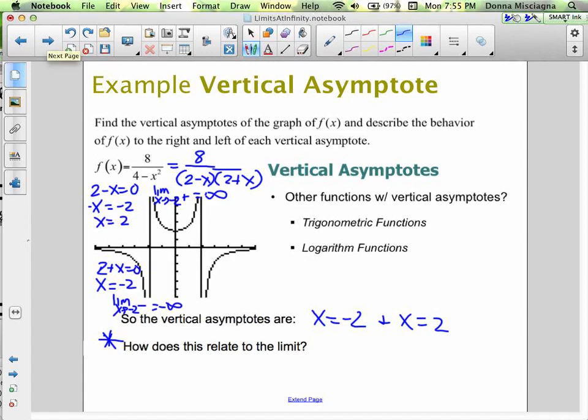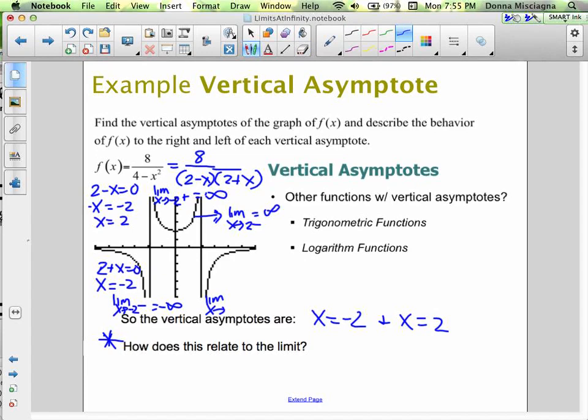Now we're approaching 2. I'll do this one first. This one over here is the limit as x approaches 2 from the negative side, and that's infinity.